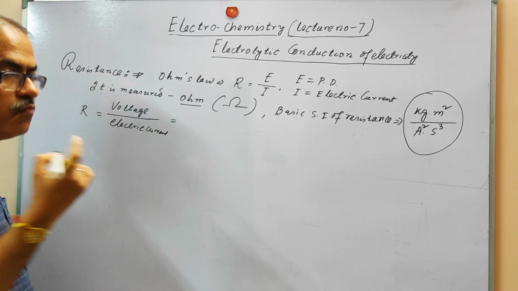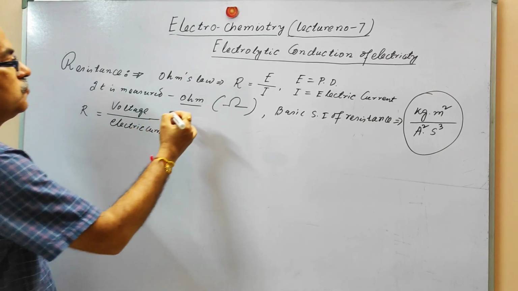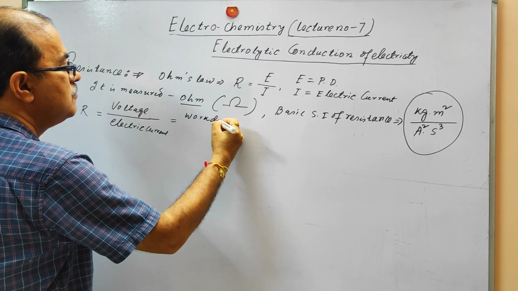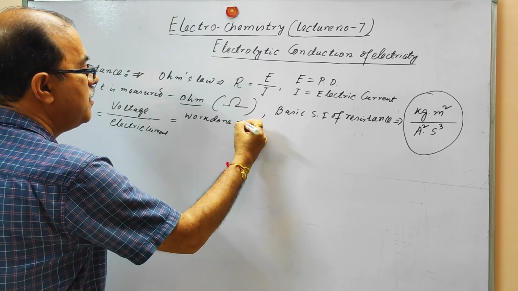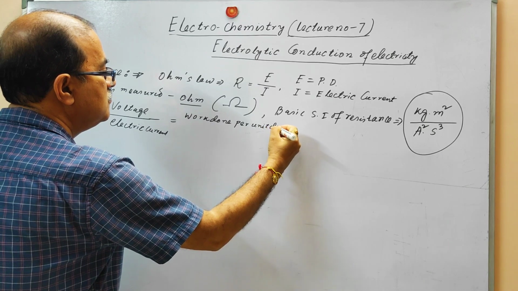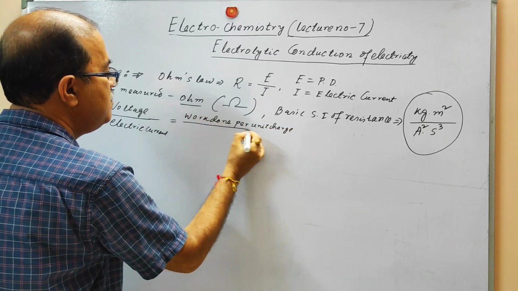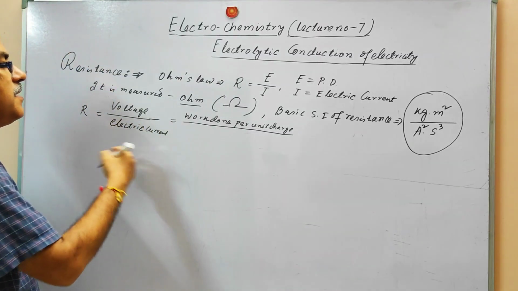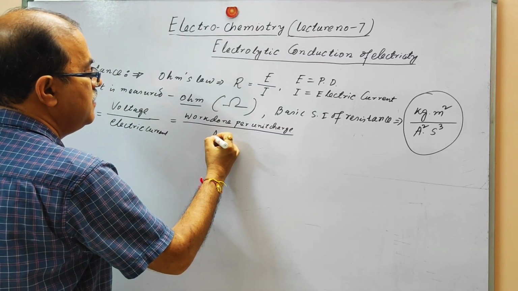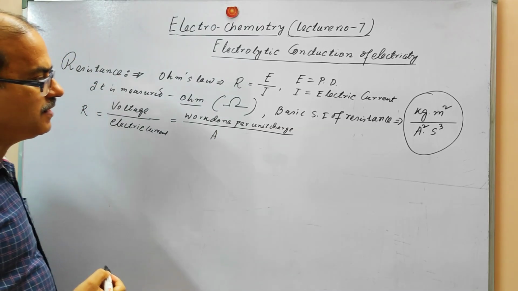Again, we know voltage is the work done per unit charge. So this is called the voltage, divided by electric current. We know the SI unit of the current is ampere.